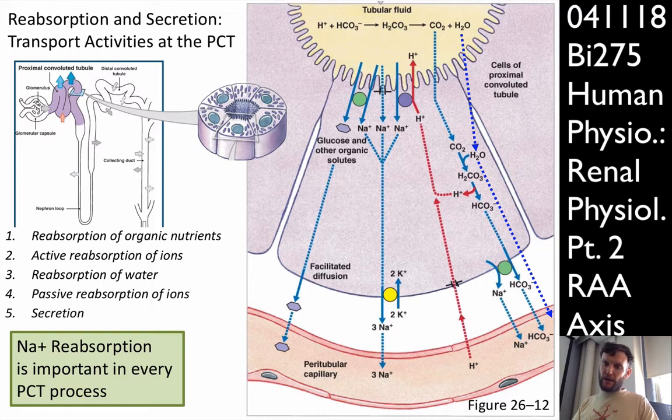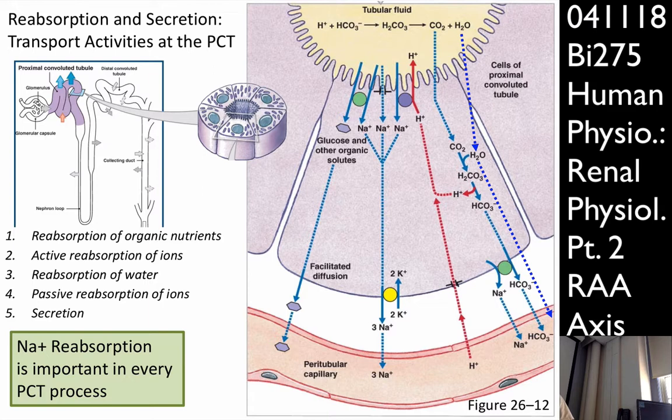The point that I want to make here is that there is both the resorption of organic nutrients, ions, and water. There's the passive reabsorption of ions, and there is secretion. There are all of these different events going on, but sodium reabsorption is important in all of them.